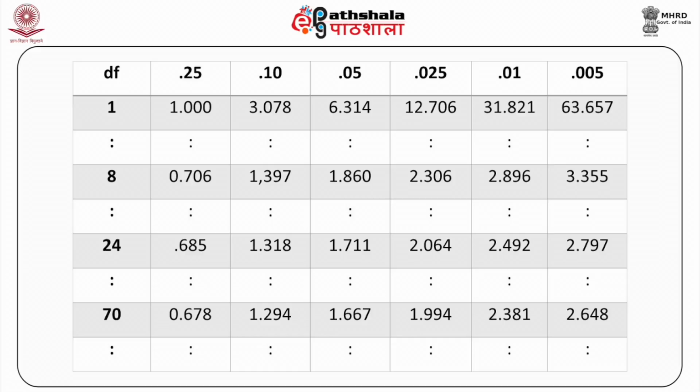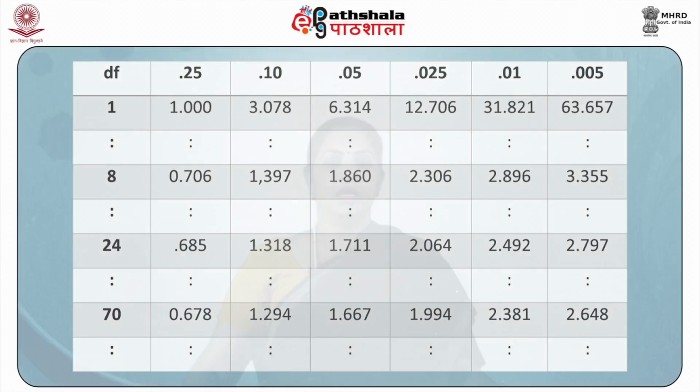Table 2 gives how a student's t distribution looks. We can find column 1 representing degrees of freedom and other columns ranging from 0.25 to 0.005 represent how the alpha value is distributed in the curve.